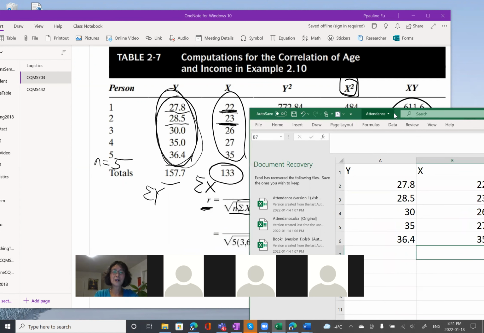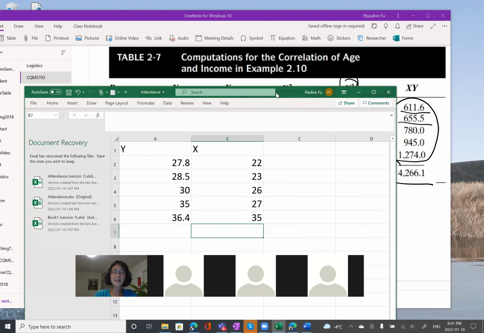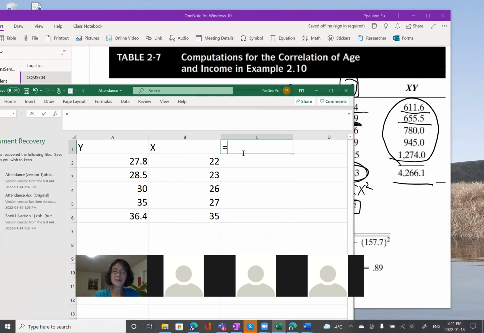Using Excel, how do you calculate the correlation between x and y? You type in equals CORREL, that is the formula. And then array 1 is usually x, you select x, comma. Next, array 2, select y. Closing bracket, press enter.